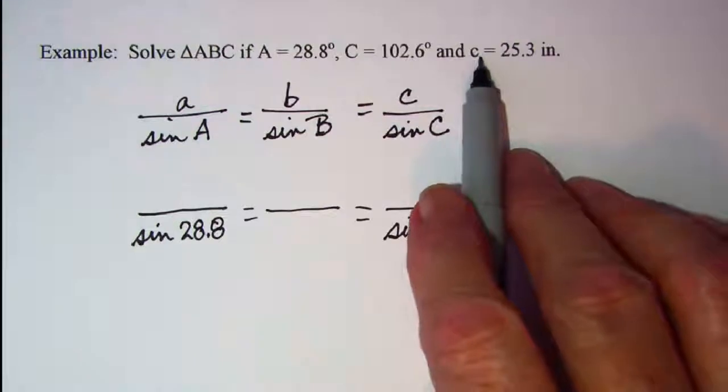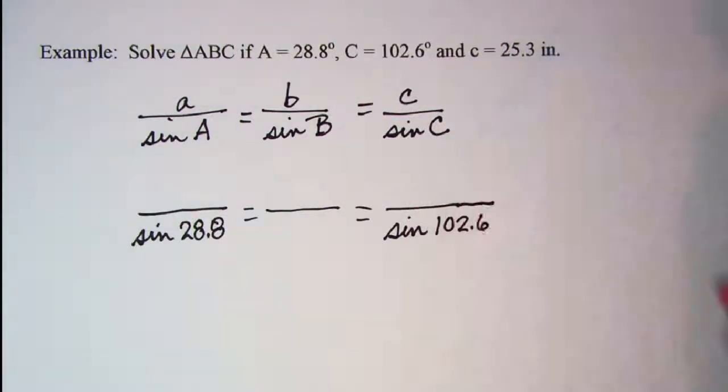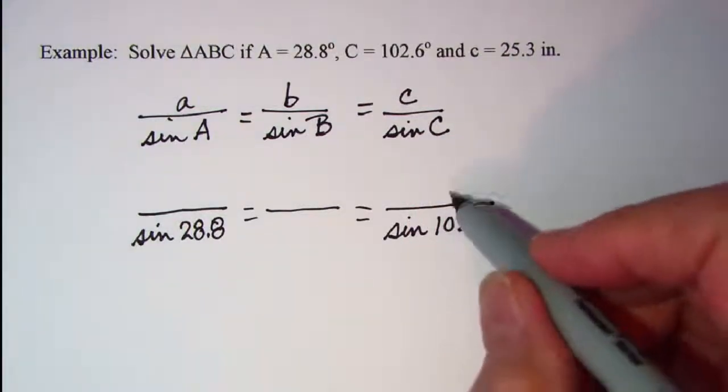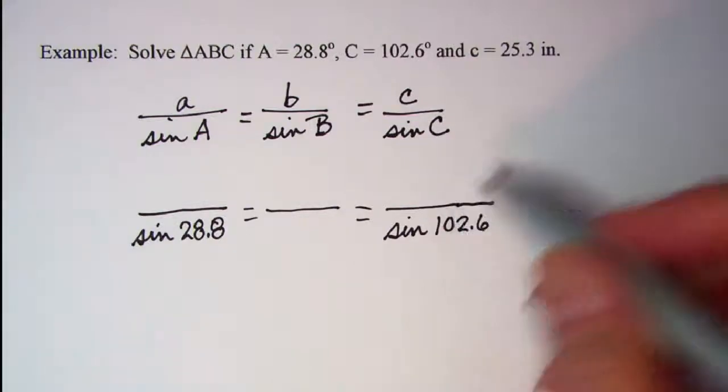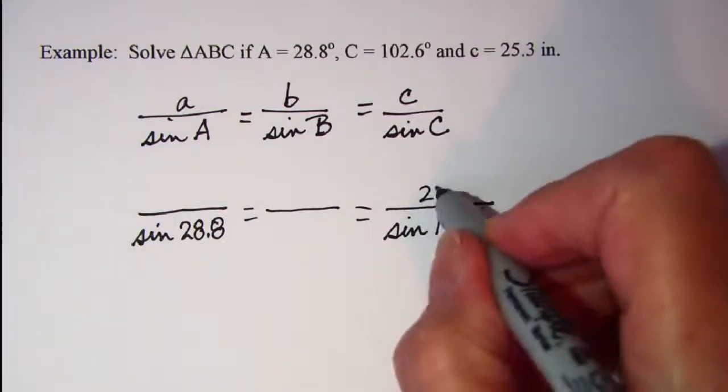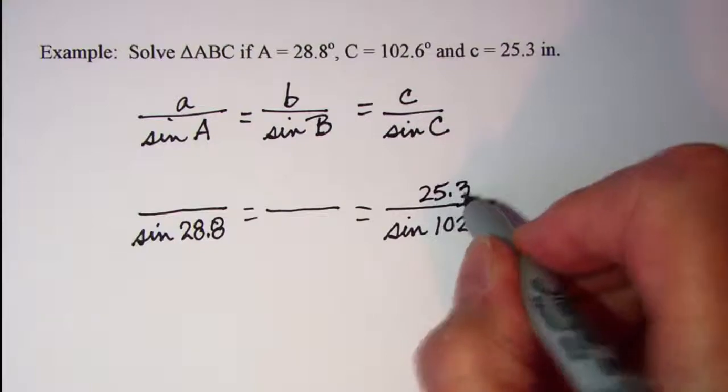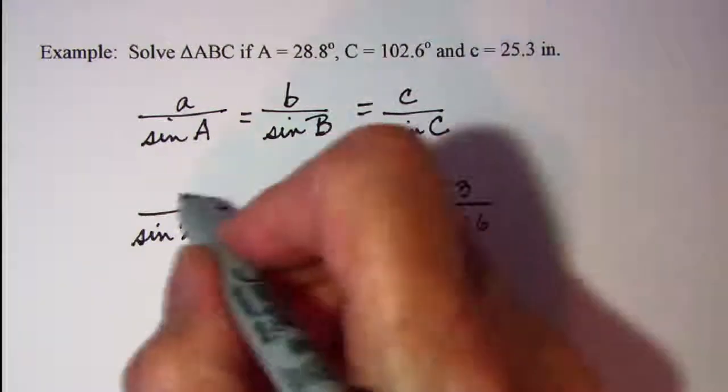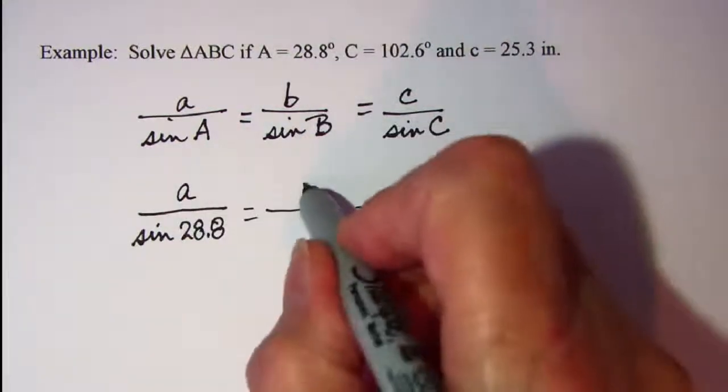And then side c is 25.3, so that's going to be opposite angle C. So we have 25.3 here, and then these are still variables.